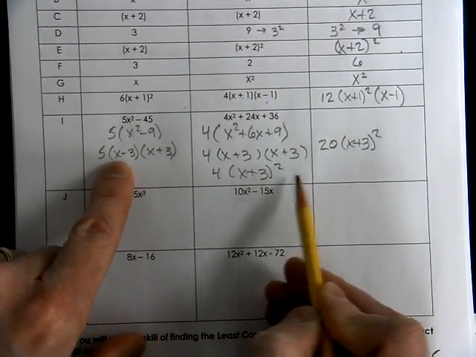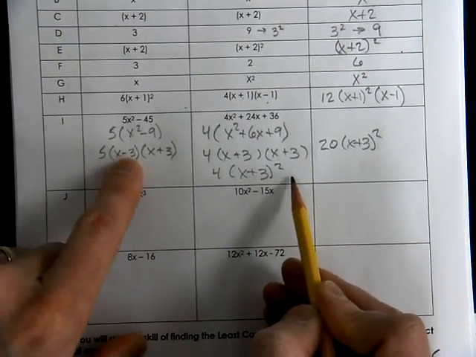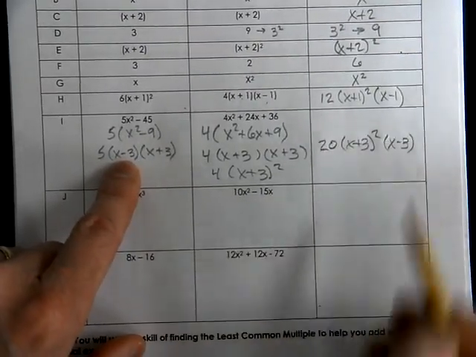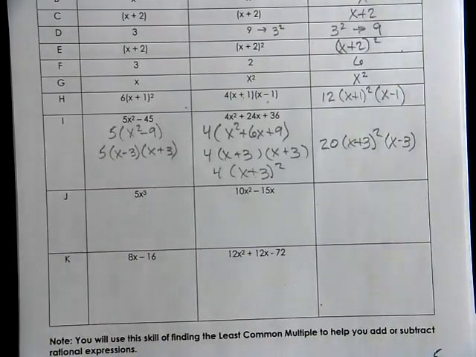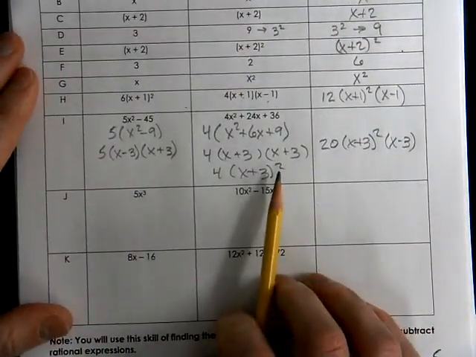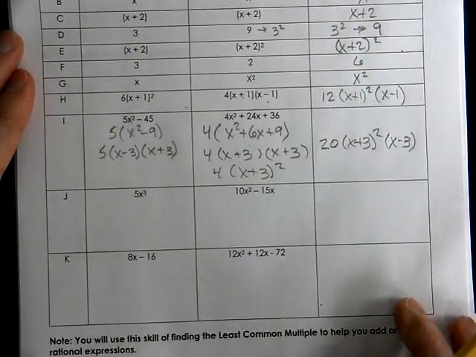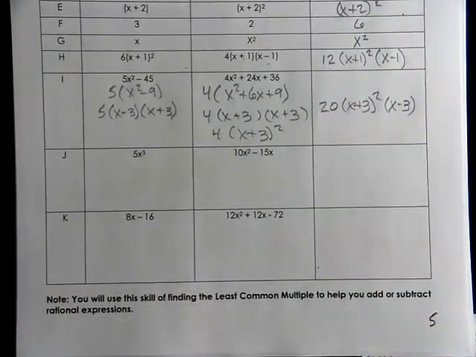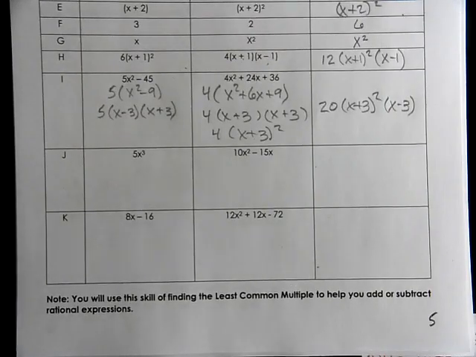X minus 3 is not included, but it's included here, so I'm going to take my x minus 3. I have to take every factor, and if they share a factor, I'm going to take the larger exponent. So now pause the video, work through these next two, and start it up, and I'll walk you through it.